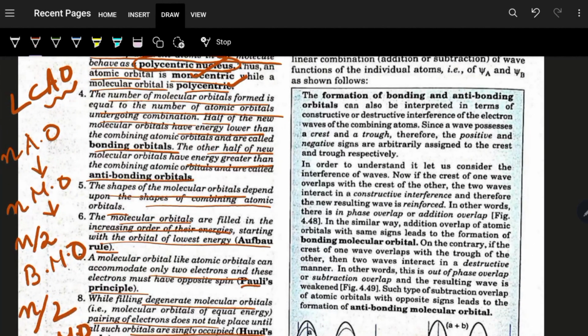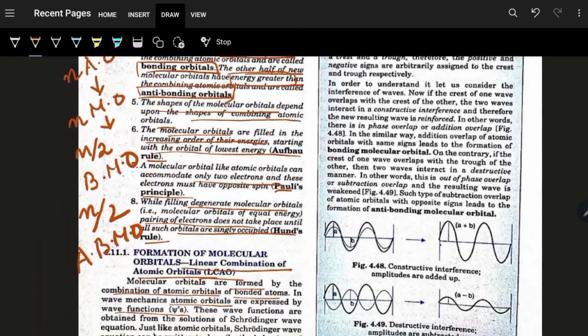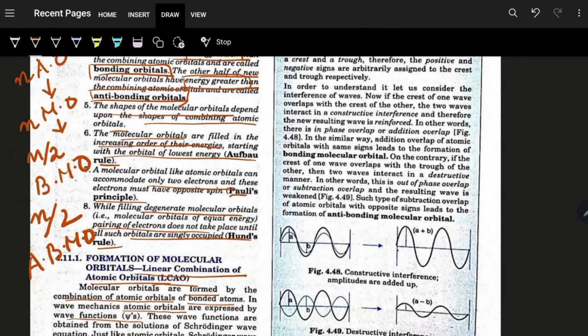So we can see over here that the molecular orbitals that are obtained and which have lower energy are the bonding molecular orbitals, and the rest which have higher energy are the anti-bonding molecular orbitals. Shapes of molecular orbitals depend on the shapes of the combining atomic orbitals.